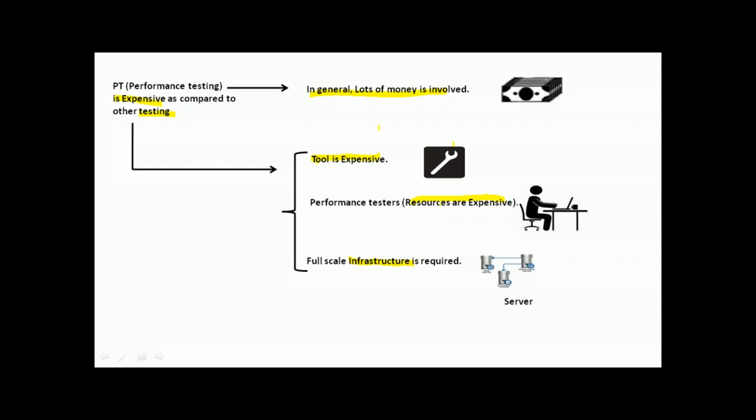You need a full-scale one, and to build one is very expensive. For that very reason, performance testing is expensive, guys. This third point you will understand much better after completing the day 2 class.